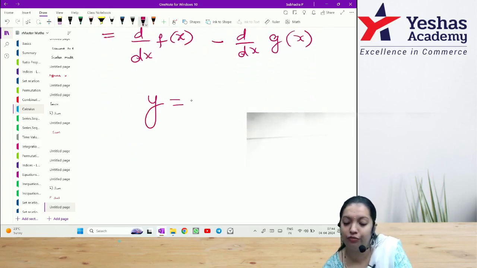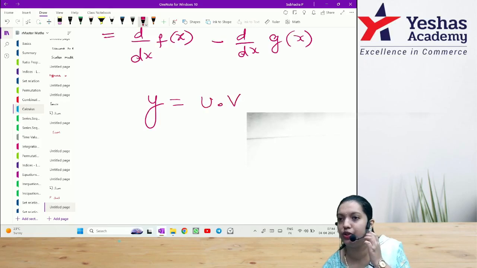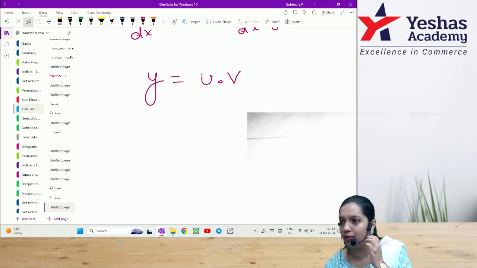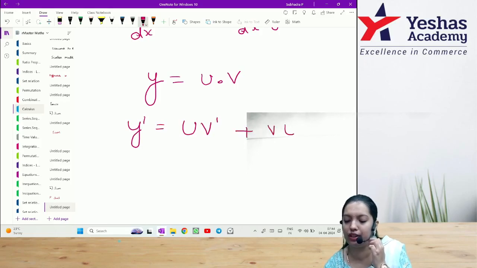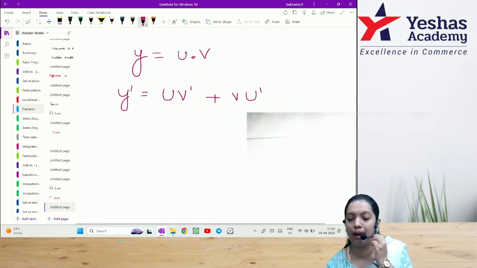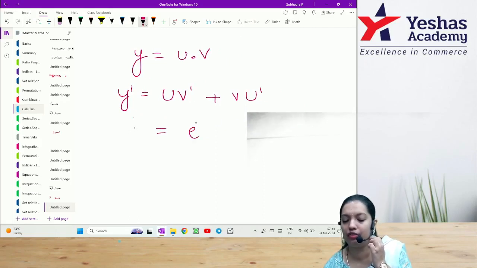If I have two functions, y is equal to u into v, the derivative of y is equal to u into the derivative of v plus v into the derivative of u. Can you give an example? Suppose I asked you to find the derivative of e power x into log x.